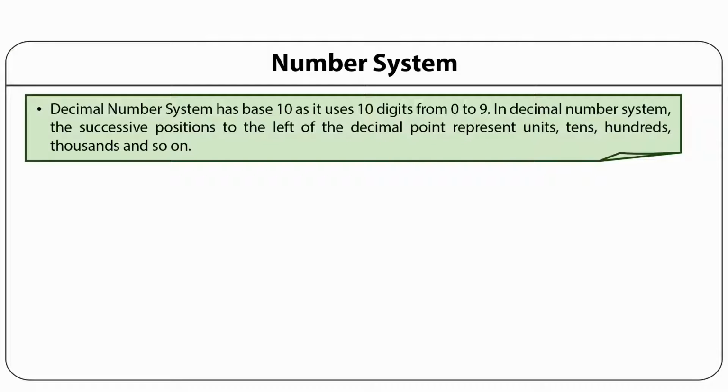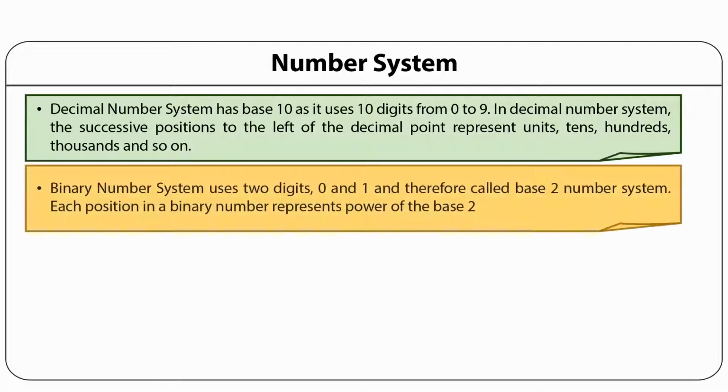In the decimal number system, the successive positions to the left of the decimal point represent units, tens, hundreds, thousands, and so on. Now coming to the binary number system, it uses just 2 digits, 0 and 1, and therefore it is called the base 2 number system. Each position in the binary number represents a power of base 2.